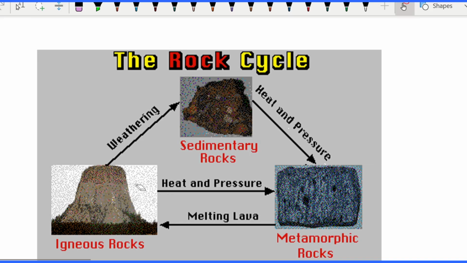Igneous rock can also be transformed into metamorphic rock by heat and pressure. So metamorphic rock comes from either sedimentary rock or igneous rock with heat and pressure. Right, metamorphic rock can be transformed into igneous rock if there is melting into lava.